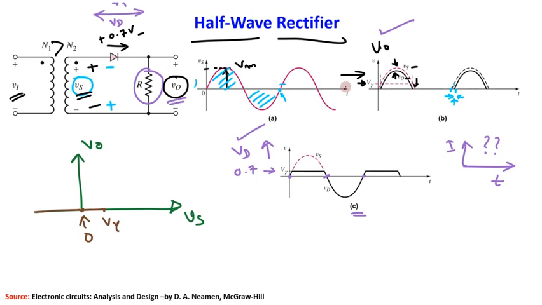Then how will the curve look like after V gamma? You see that after V gamma, the voltage drop across this diode becomes constant. Then what is V naught? You already know that. Then V naught is nothing but Vs minus 0.7.